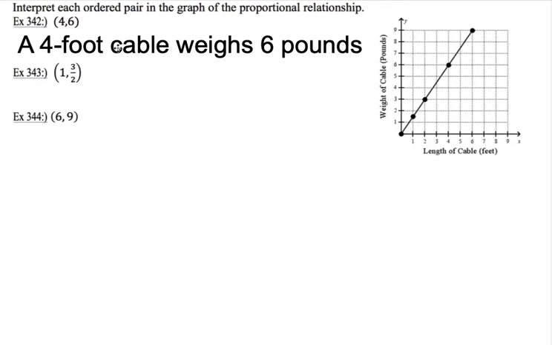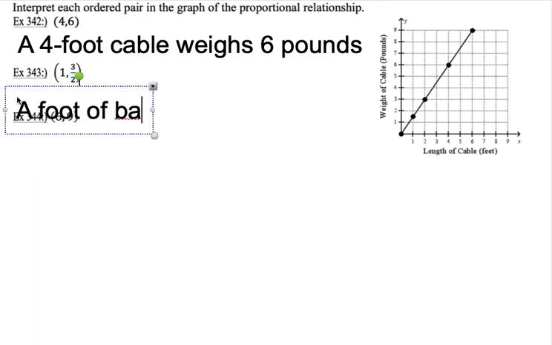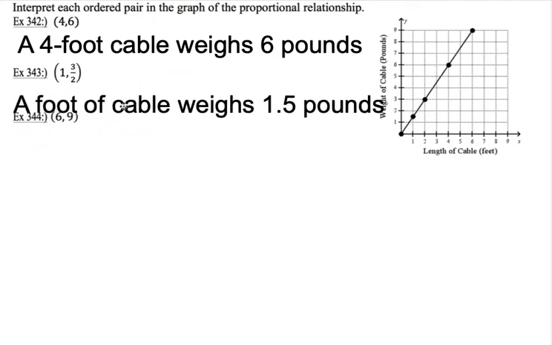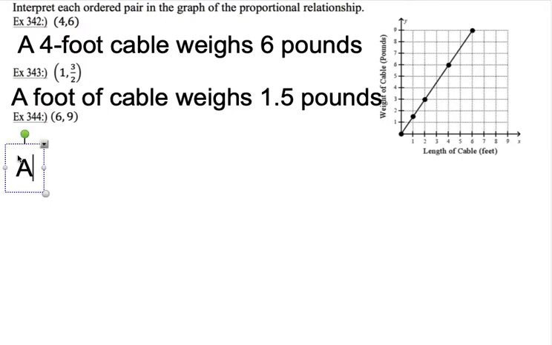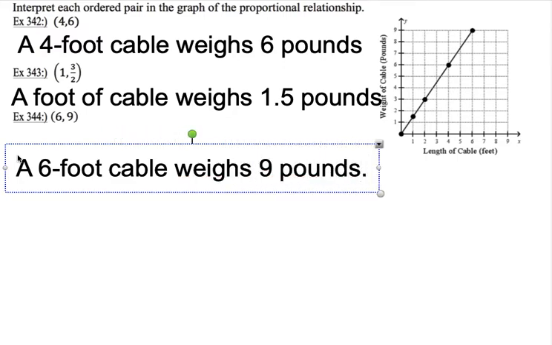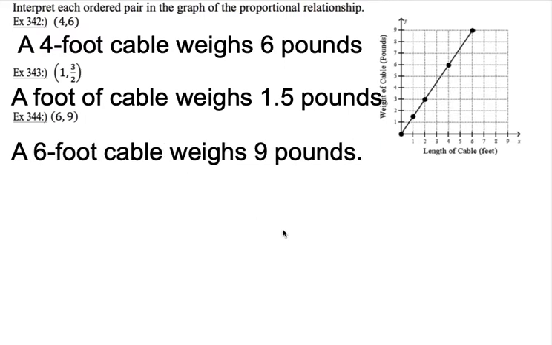The second one, we've got 1, 3 halves. A foot of cable weighs 1.5 pounds. That would be the meaning of it there. And 6, 9, a 6-foot cable weighs 9 pounds. That would be interpreting each of those ordered pairs correctly.